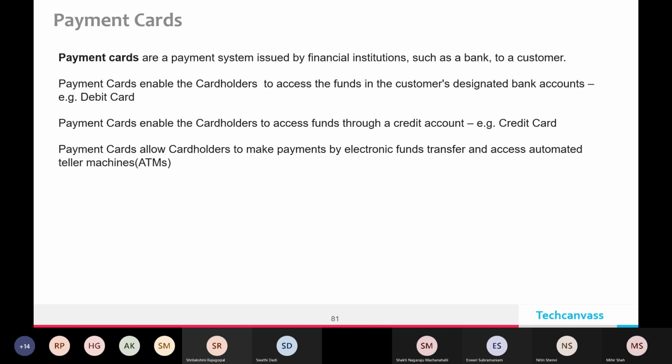It can be through card present transactions or card not present transactions. So through ATMs, or directly by swiping or dipping the card, or through electronic fund transfer mechanisms that include both near field communication and online payment channels.